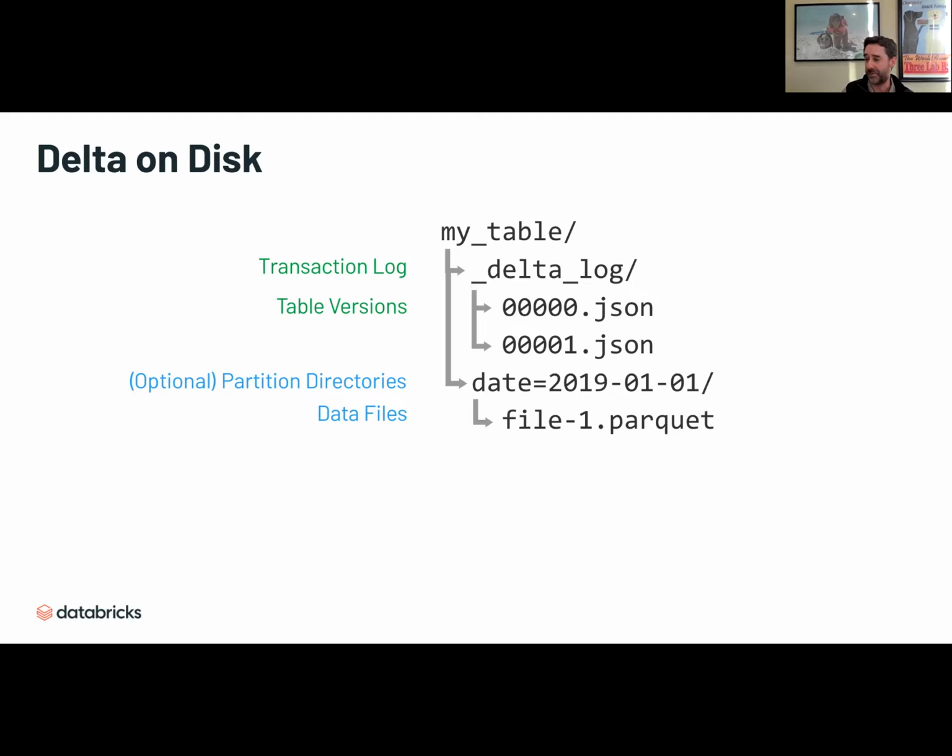Does everybody know what Parquet is or have an idea of what Parquet is? Would that be a good assumption, a file-based storage format for big data? It's like an optimized CSV file, basically. That's how I always think of it. Yes, exactly.